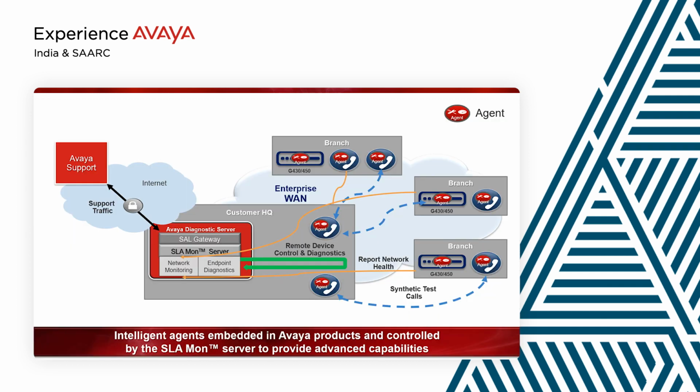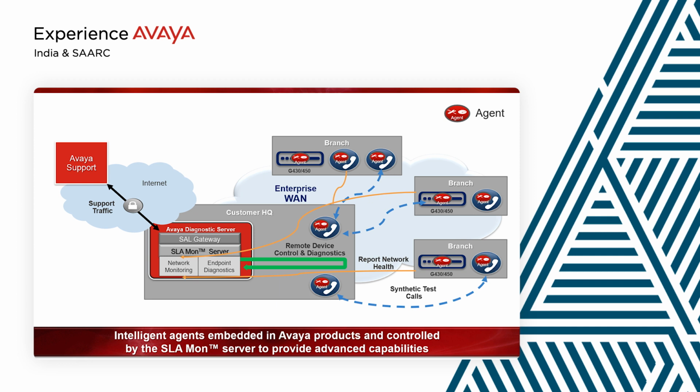These robust diagnostic capabilities are provided without having to deploy additional probes across the network because the IP phones are the probes. All you have to do is enable the embedded SLAMon agent that is already in each phone. And you need to deploy the SLAMon server at a central location in your enterprise.